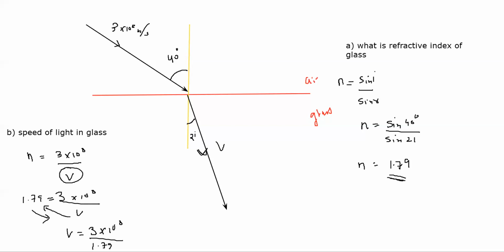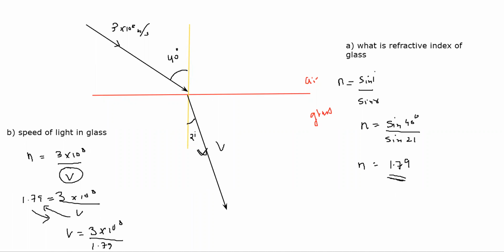No, actually, exponent 9 cannot happen. The reason is that you're dividing. If the speed of light in air is 3 exponent 8, how can the speed of light in glass be 1.7 exponent 9? In glass, it should be a smaller value.